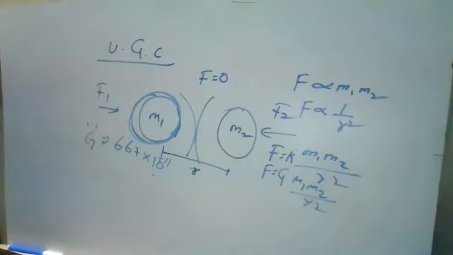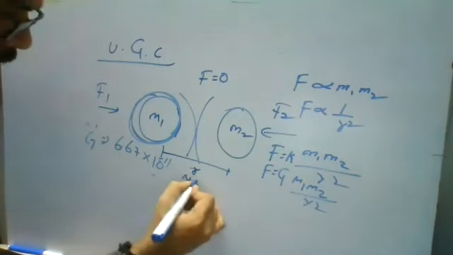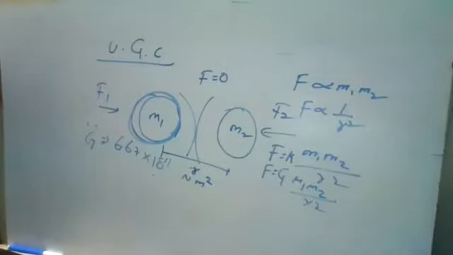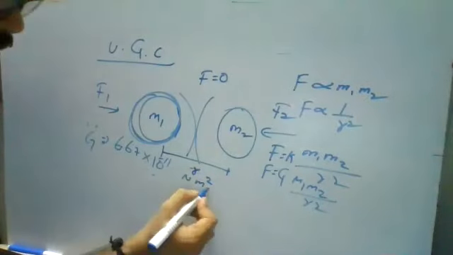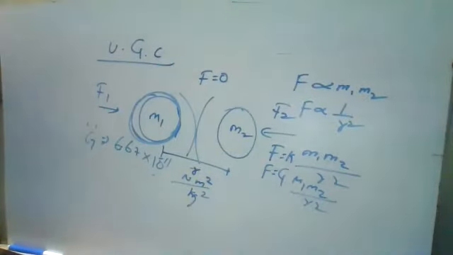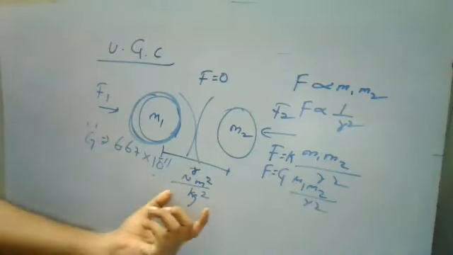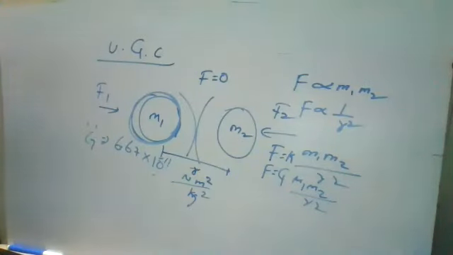Newton meter square per kg square. It is the value for capital G, and it is always constant. The unit is Newton meter square per kg square. Sorry, it is your universal gravitational constant.